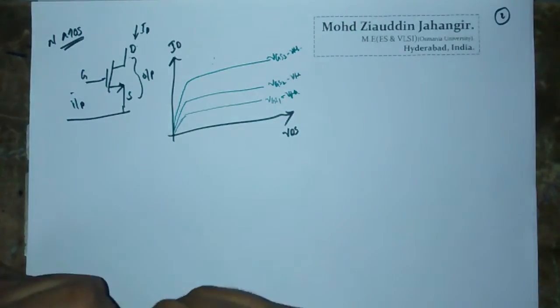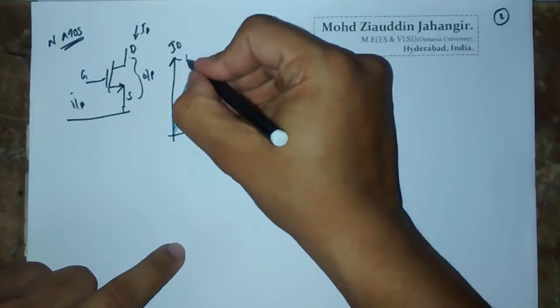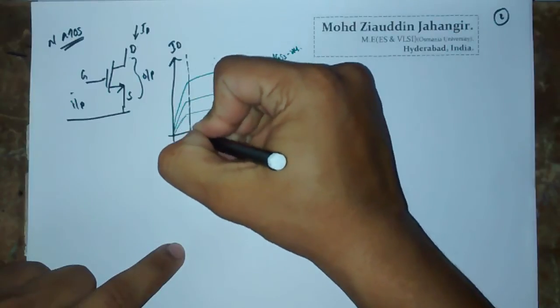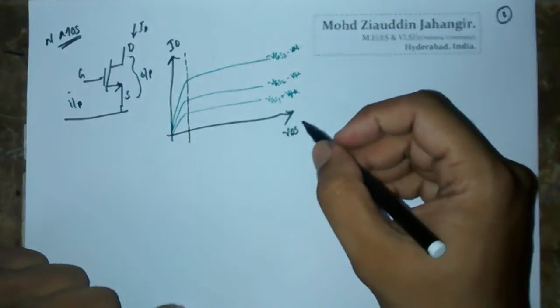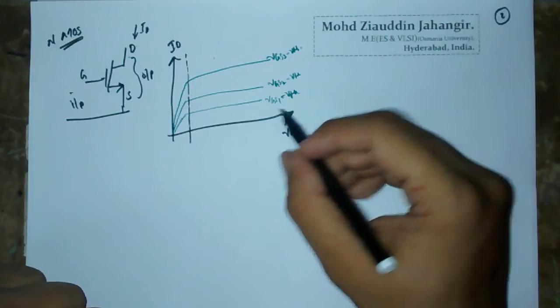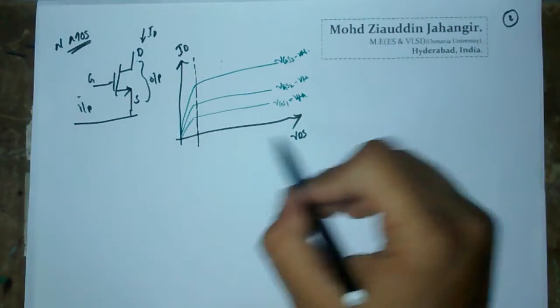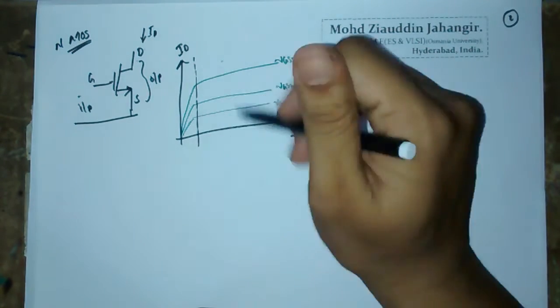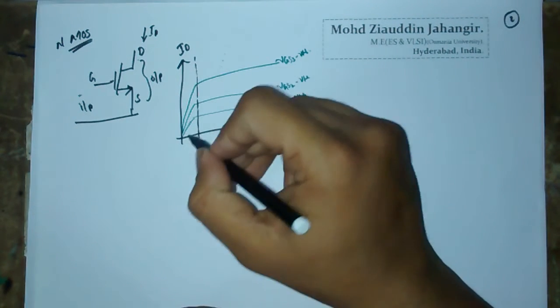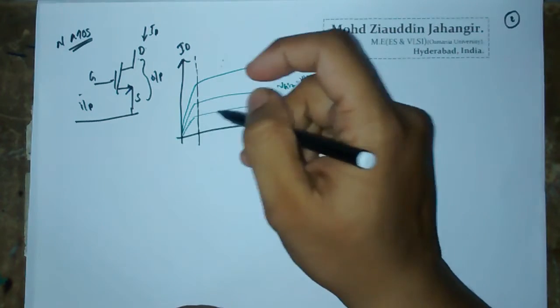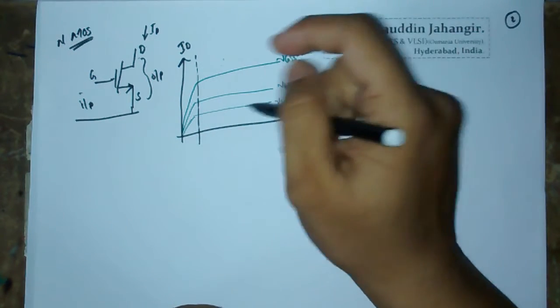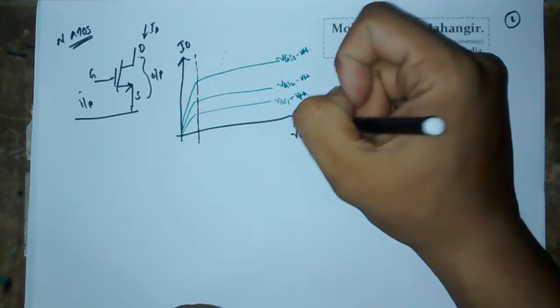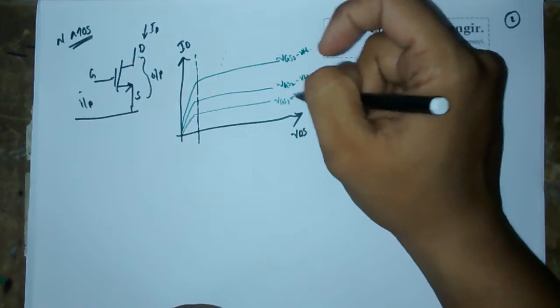What is the importance of this characteristic? These characteristics can be divided into two regions. In this region, your ID is increasing with your VDS for different values of VGS, and in this part your ID remains constant with your VDS but varies with VGS.